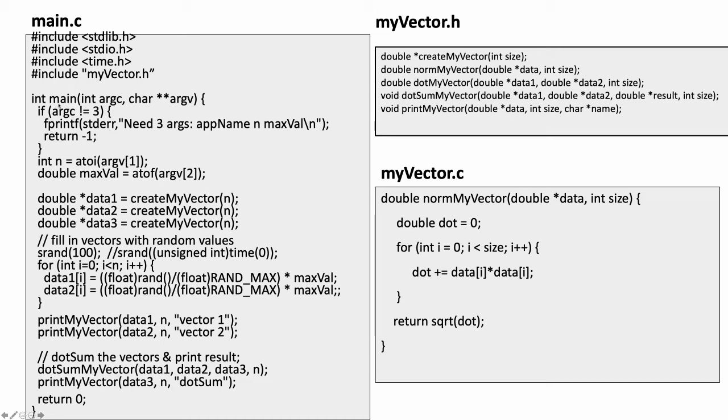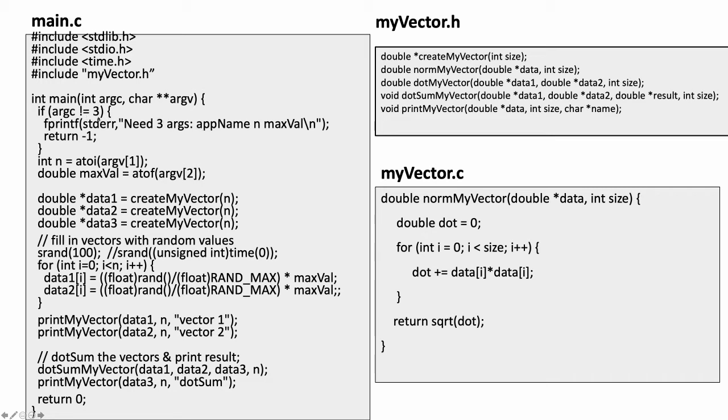So here's the main function. To include my function prototype, I've now got to include my vector.h. We haven't seen this before, but now I'm actually using argc and argv. So I want to make sure argc is 3, that way the user has called it with the correct inputs.